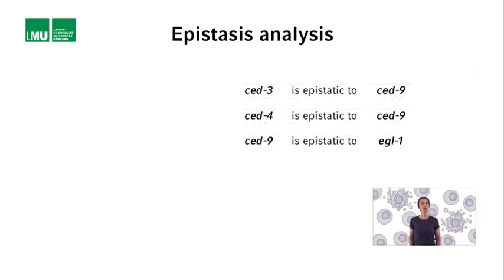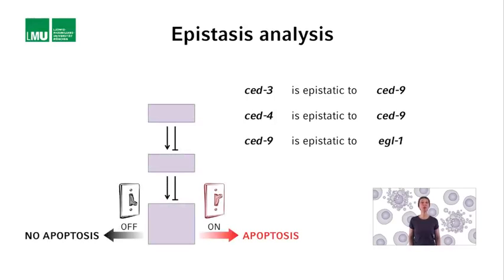How does the knowledge of who is epistatic to whom help us to order gene function? The commitment step can be considered a regulatory pathway or cascade with two alternative states: apoptosis or no apoptosis, like an on-off switch. In that case, epistatic indicates downstream.